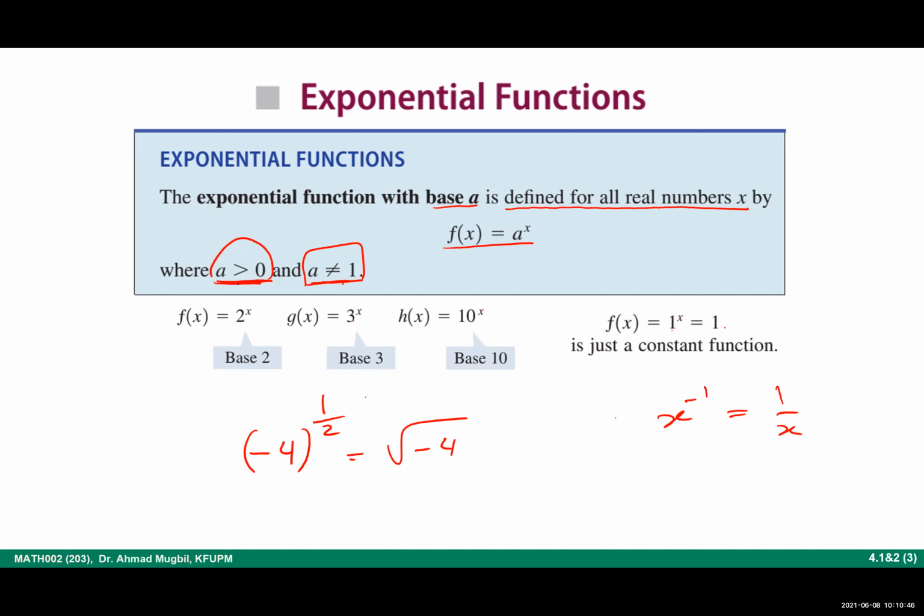So this is why we exclude 0 and the negative numbers. We need it to be defined for all real numbers. This is not defined for a half. Okay, so it is important, shabab, to have an idea of what is going on behind. So now, because of this, it is defined for all real numbers. This means that the domain of this function is all the real numbers.